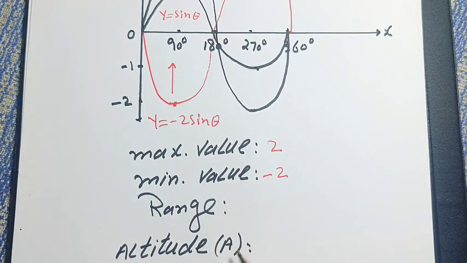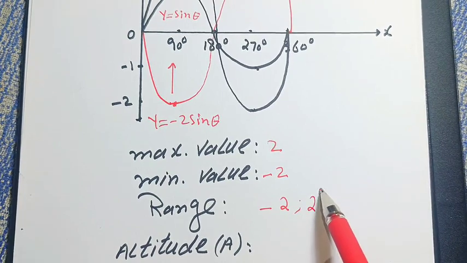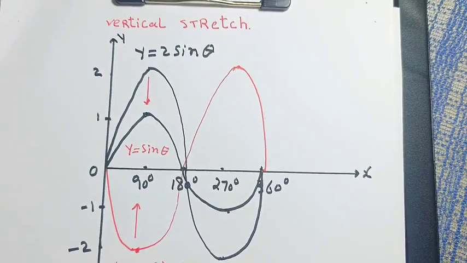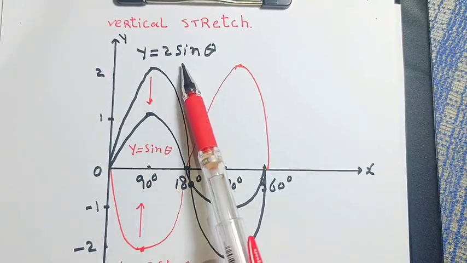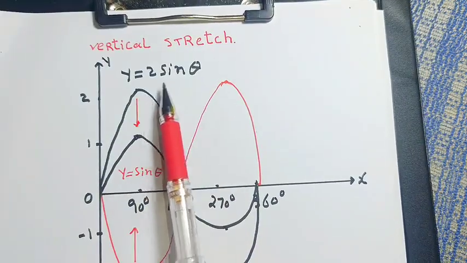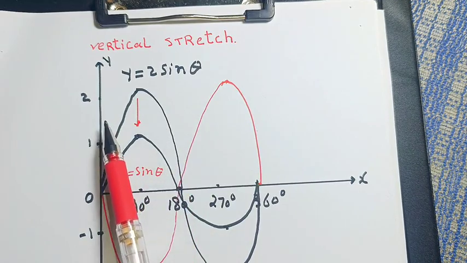The range is going to be between negative 2 and positive 2. You write the big brackets, both included. Now if I need to find the range of y is equal to 2 sine theta, it is going to be the same: negative 2 and positive 2.